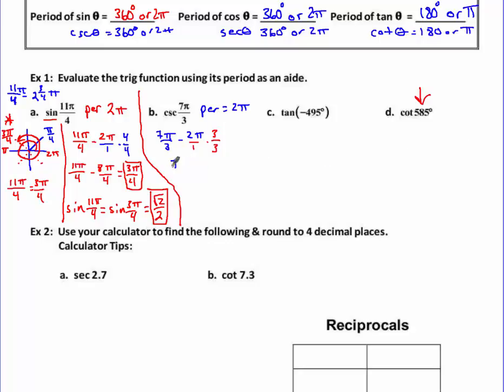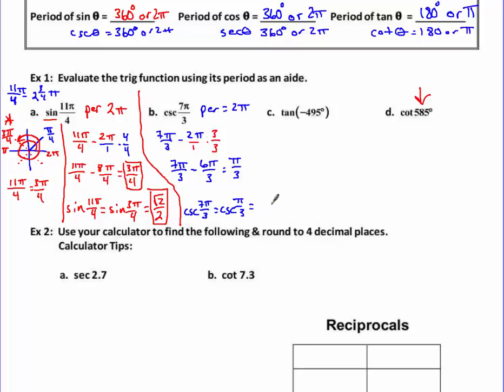So we're going to have 7 pi over 3 minus 6 pi over 3, and that equals 1 pi over 3.